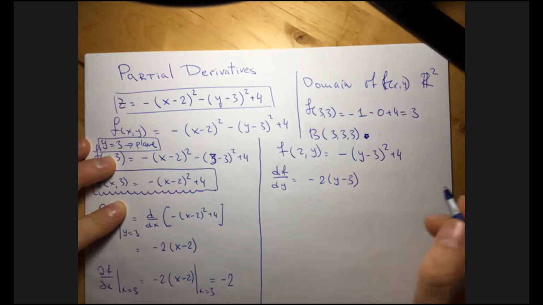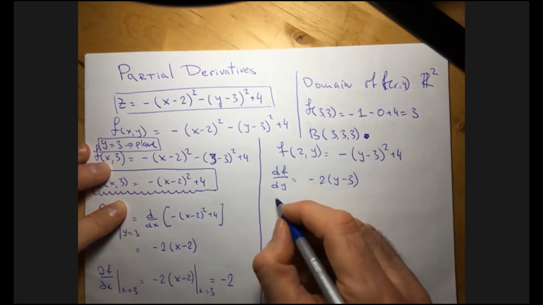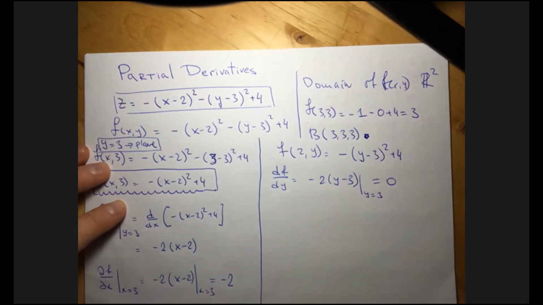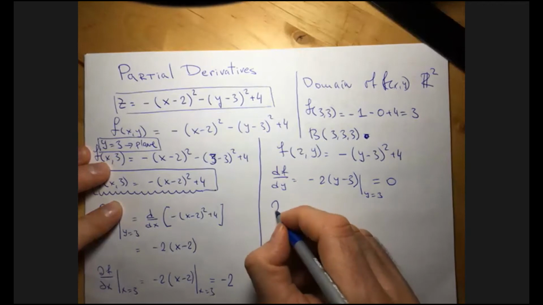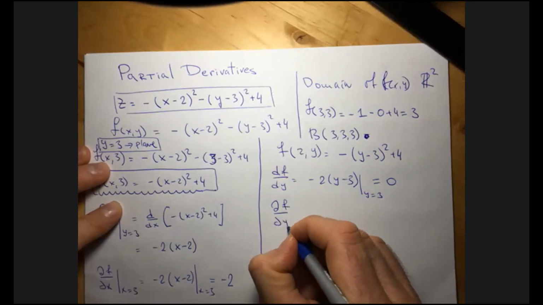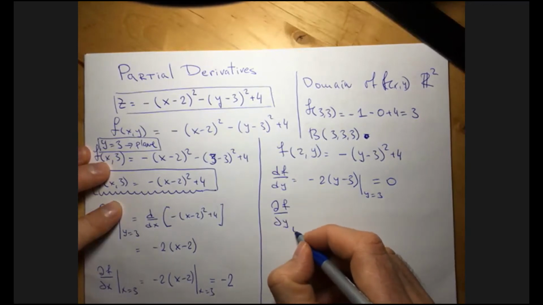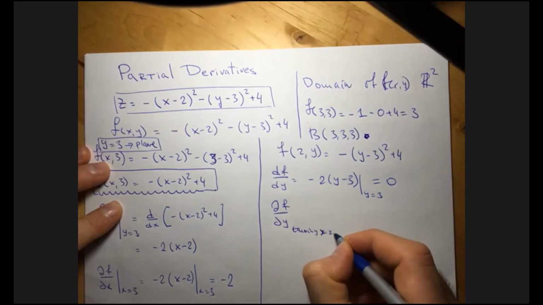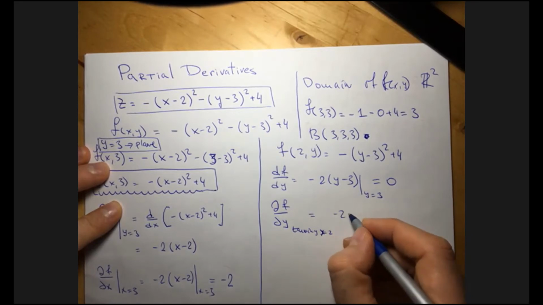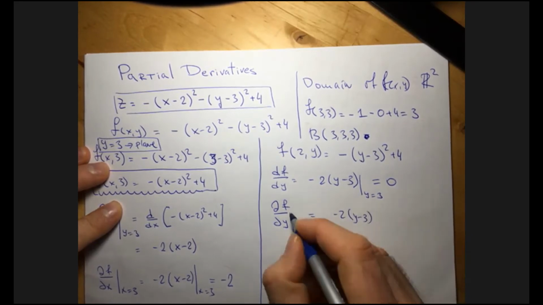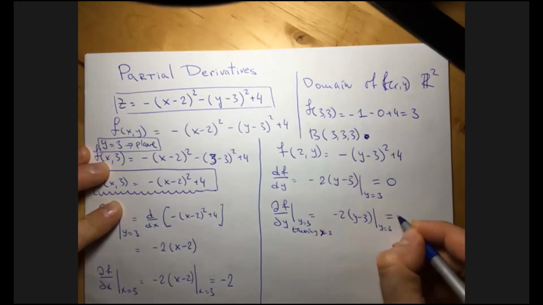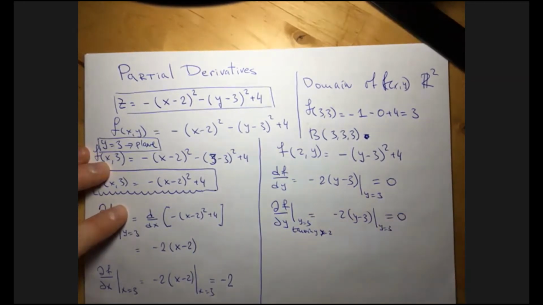Okay. And now I evaluate that at the point y is equal to 3. That means that the slope is equal to 0. So now check this. Partial f, partial y, and here taking x is equal to 2, is equal to negative y minus 3, evaluated at y is equal to 3, is equal to 0. Okay?